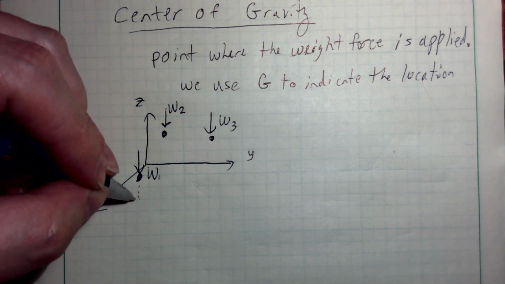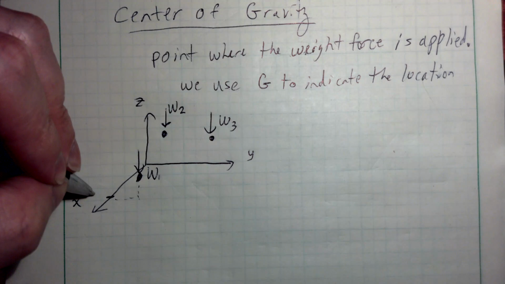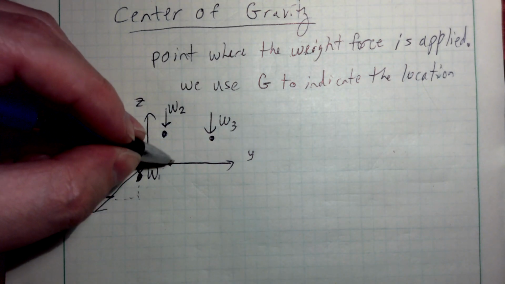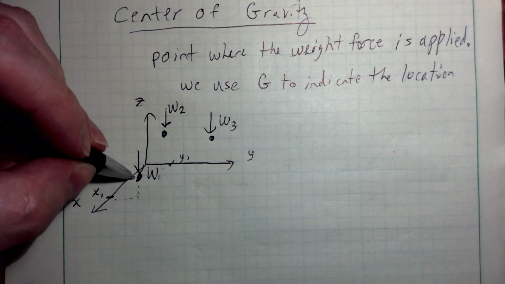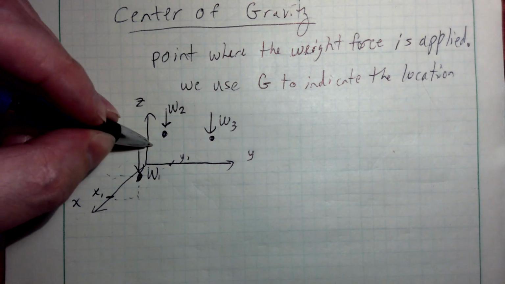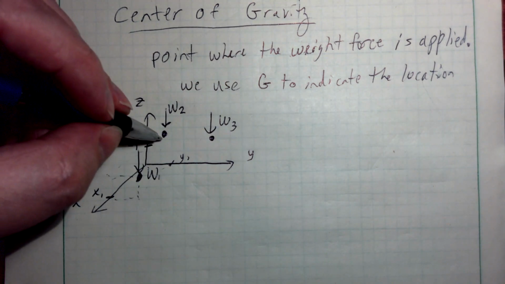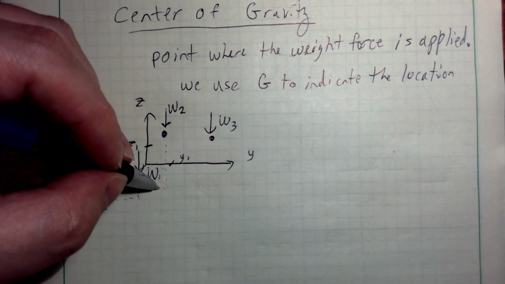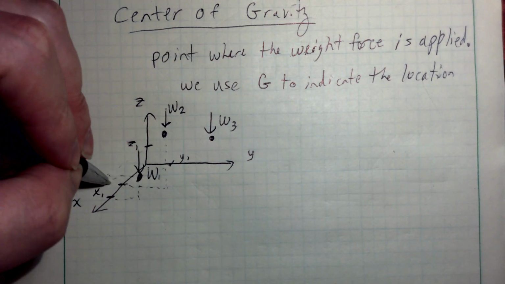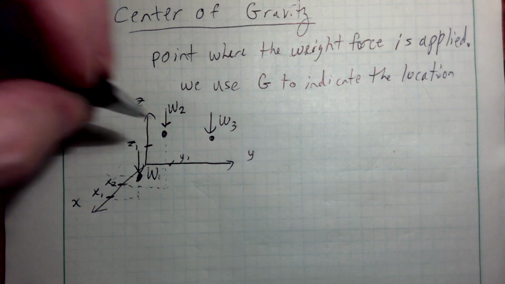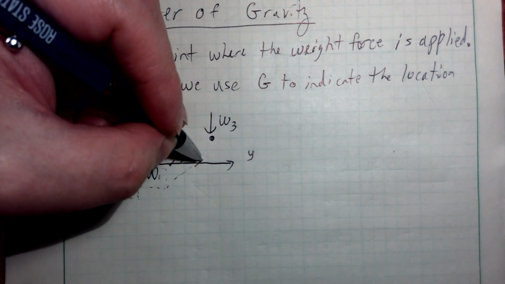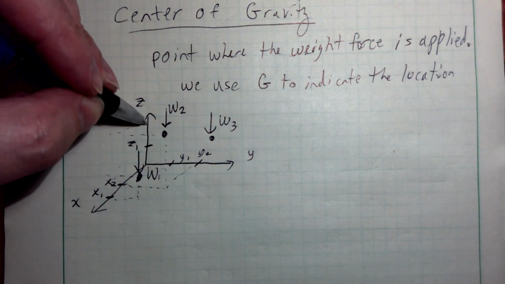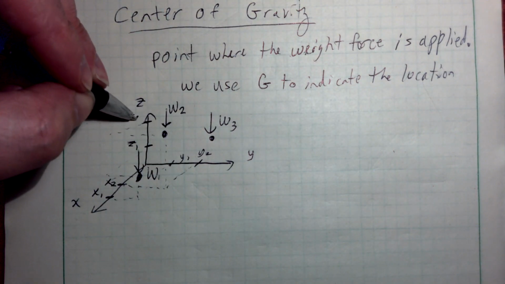And so let's say that this one is located at some x1, y1, and then it's going to be at some z1 location, right? And so this guy, we'll say he's out here at some x2, y2, and some z2 value.